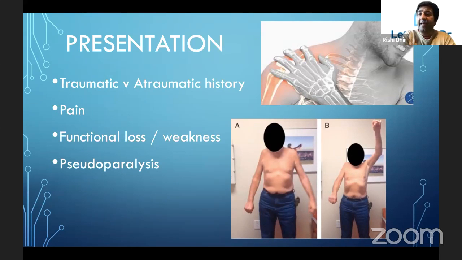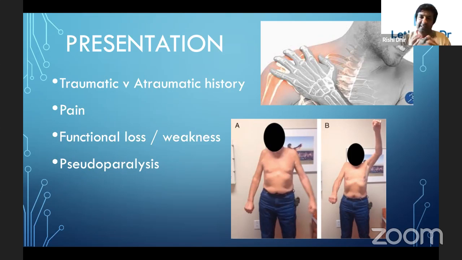The patient may get night pain when they lie on the shoulder directly, or they may get pain which is exacerbated on overhead or rotatory movements as well. So I would typically ask the patient, does your pain get worse if you have to reach up for something off a high shelf? Does it get worse if you wash the back of your hair? Or if it's a female, does it get worse if you try and put your bra on?